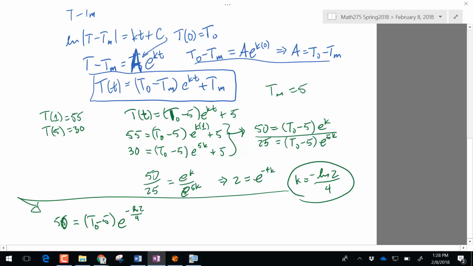And so we'll solve for this. We get T naught is going to equal, bring that over and we add 5, right? So it's equal to 50 e to the ln2 over 4, because when you bring that over, it turns positive in the power, and then plus 5.